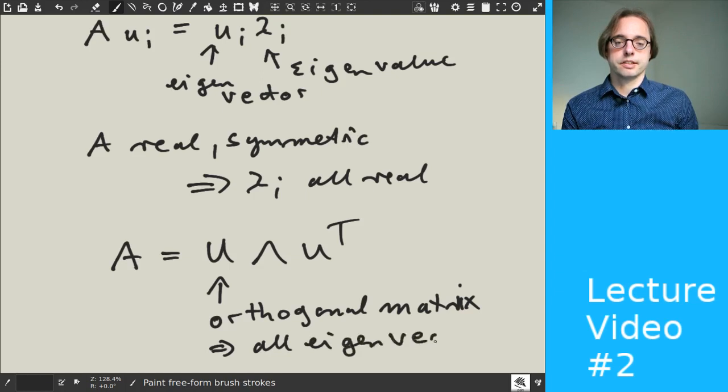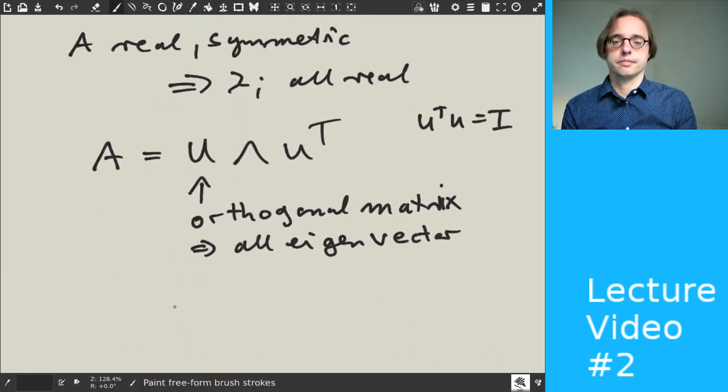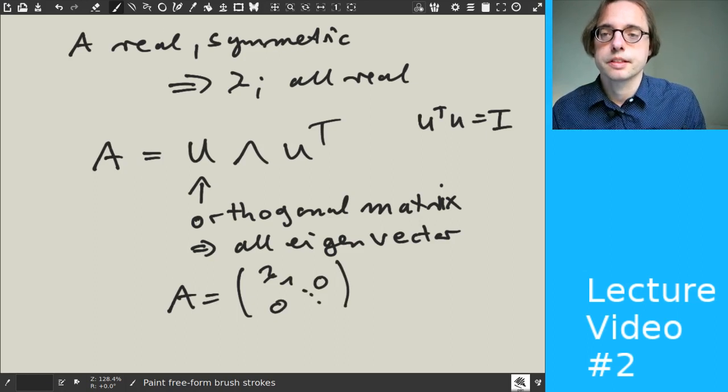The eigenvectors are orthonormal, because U transpose U is the identity matrix, and also U U transpose. And Lambda is a diagonal matrix containing all the eigenvalues. That's a Lambda, not an A, so let's correct it.